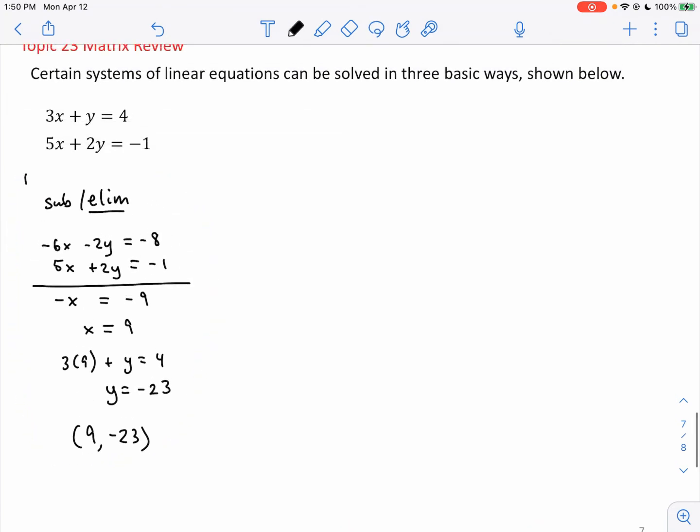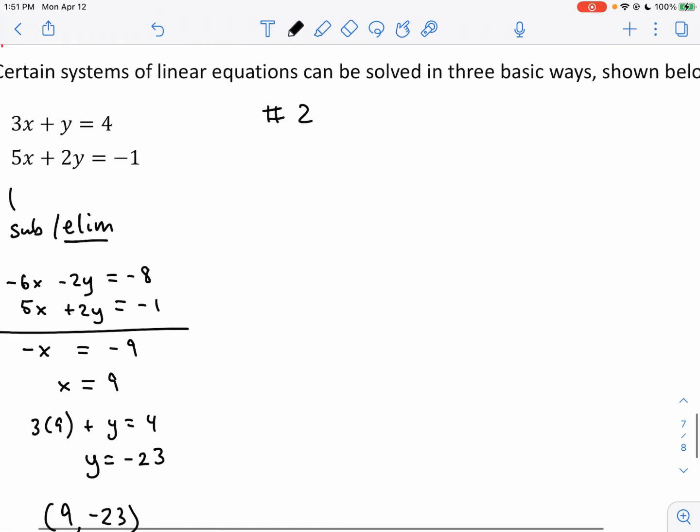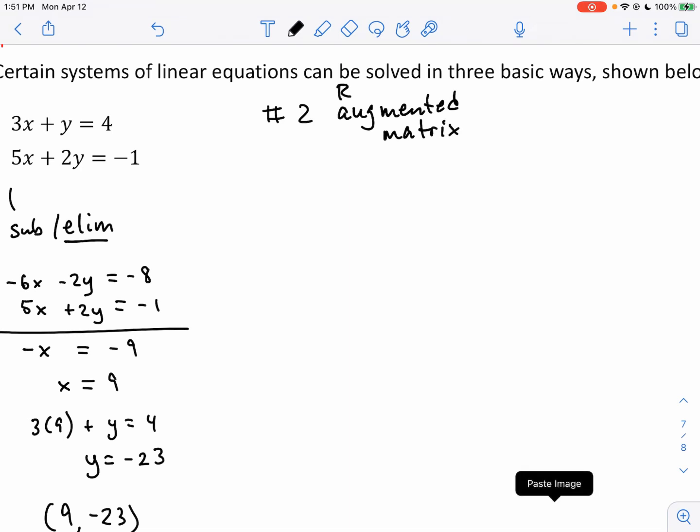Second way, let's call this the first way. Second way is to create what's called an augmented matrix. So we're going to make sure the x's are lined up and the y's are lined up and then the constants are lined up. And then just write all those numbers down and make a 2x3 matrix called an augmented matrix. And we're going to say row reduce an augmented matrix.